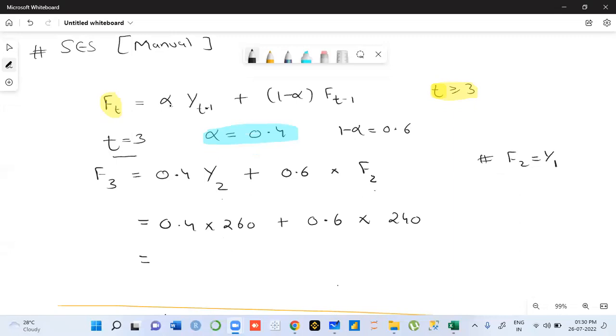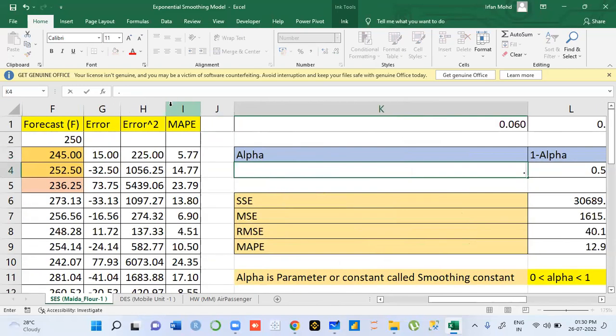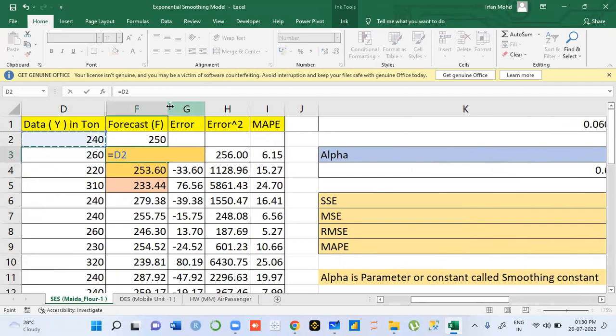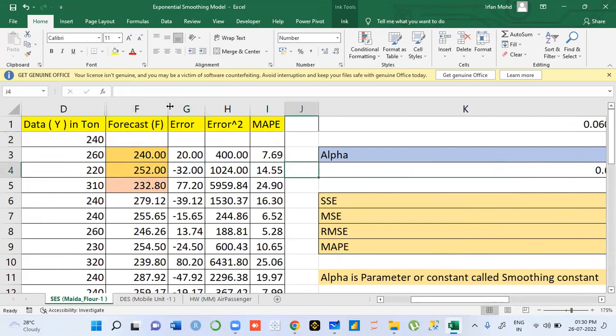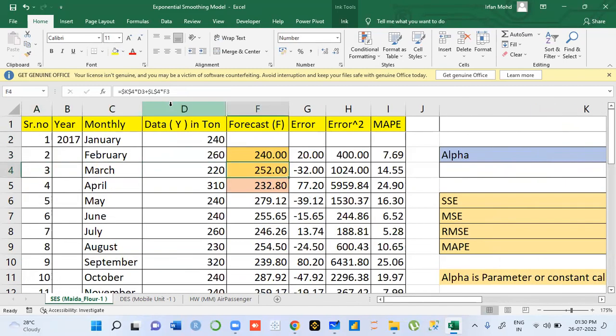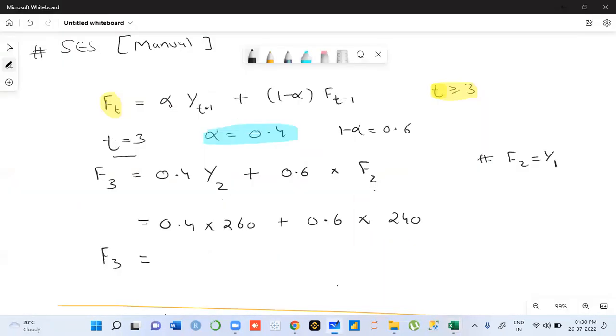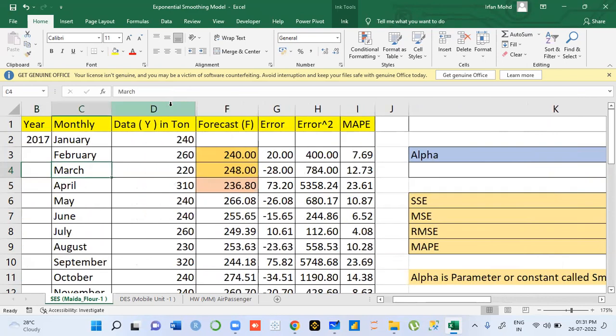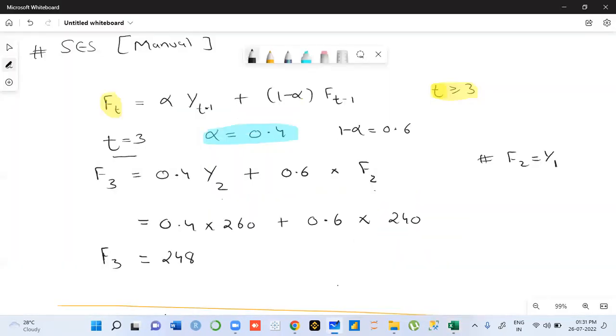That's the reason I'm asking you whether it's Y2 or Y1. Now clear. Solve this and give me the number. I'm getting 252. I'm getting 248.